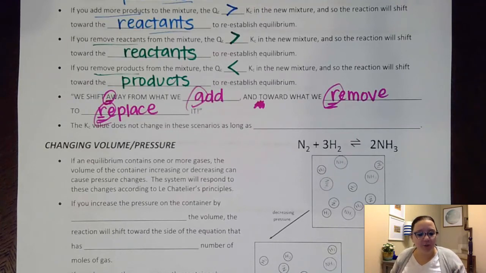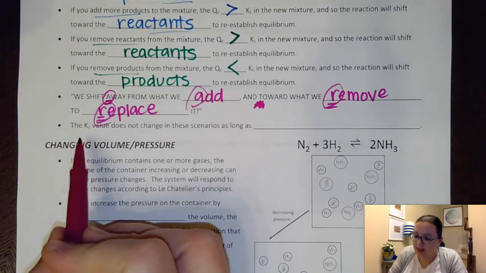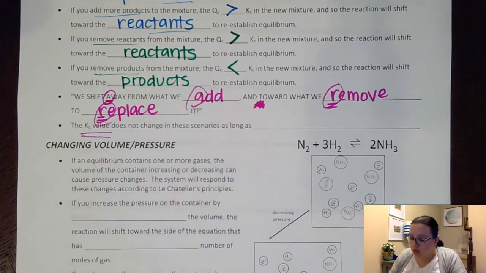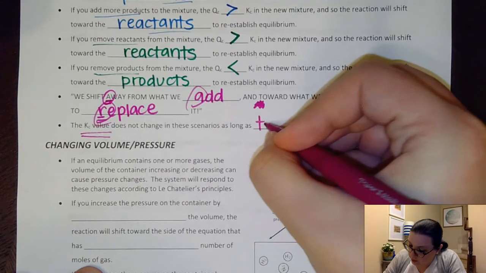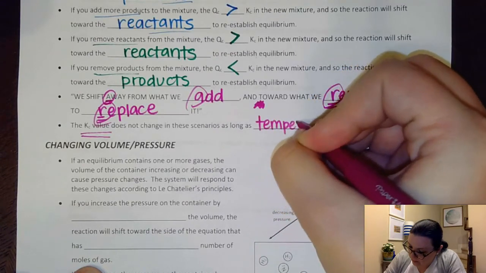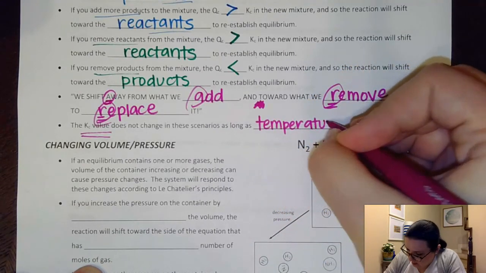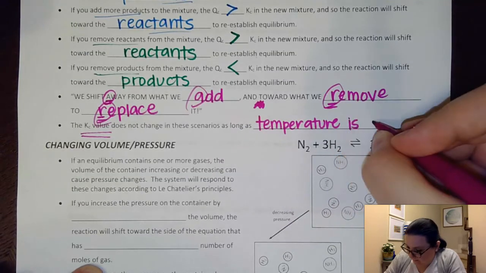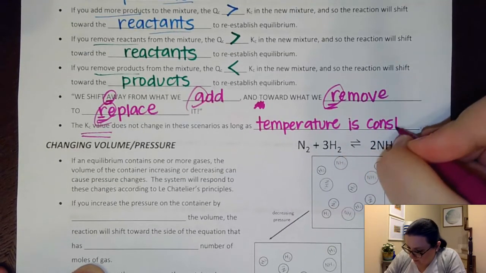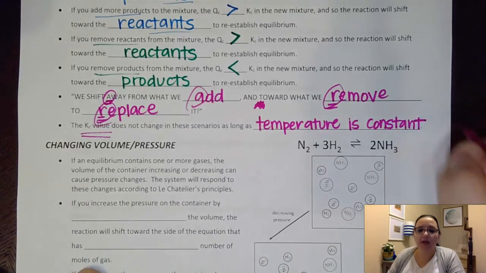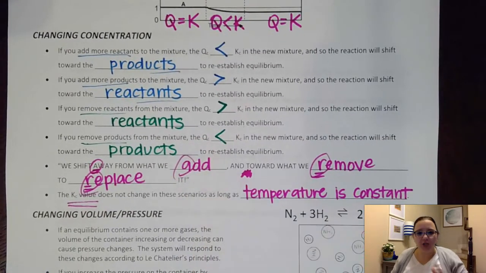Now, there's one other thing that's mentioned here. Notice that it says the Kc value does not change in any of those scenarios as long as your temperature is constant. So in all of these situations, we're not changing the value of K. We're not changing the ratio I'm trying to get to.